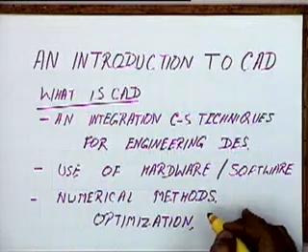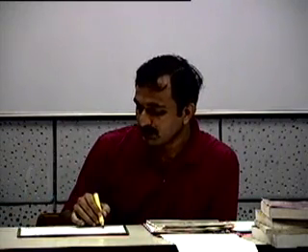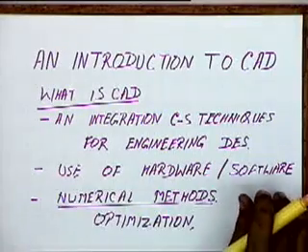We are using the computer as a number crunching machine. All those activities are what I include under numerical methods. They can include matrix multiplications, where very large matrices are involved, solution of partial differential equations, and optimization techniques. All these are what I cover under numerical methods.